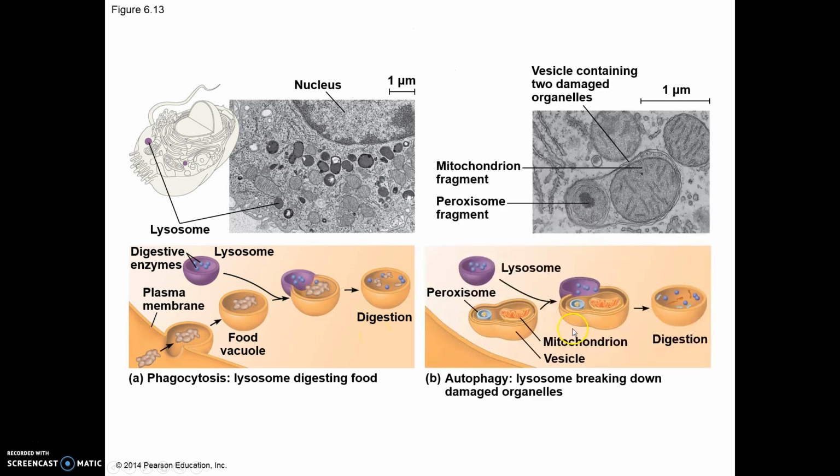And that is something that we call autophagy. So here, for example, we have an old mitochondrion and we have an old peroxisome, which we haven't talked about yet, but we'll get there. And both of these have ceased to be functional. So we envelop them in their own vesicle that we can then fuse with the lysosome and break that material down, recycle all the pieces, and build new ones.